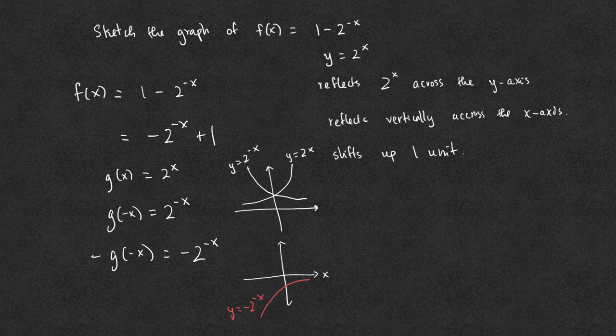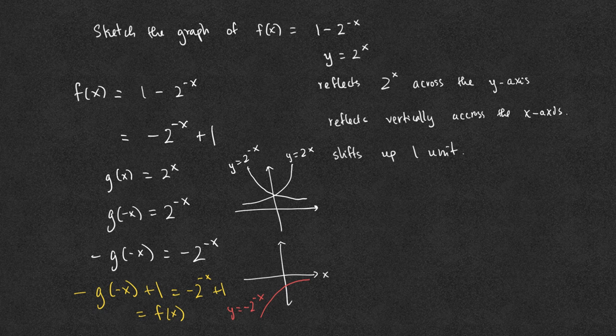And lastly, we take negative g of negative x and we add 1 to get negative 2 to the negative x plus 1, which is the function f of x. That plus 1 shifts the graph up 1 unit.